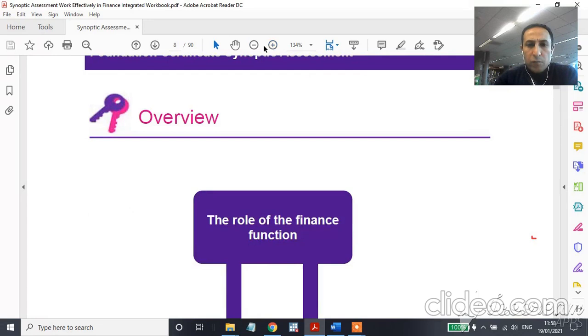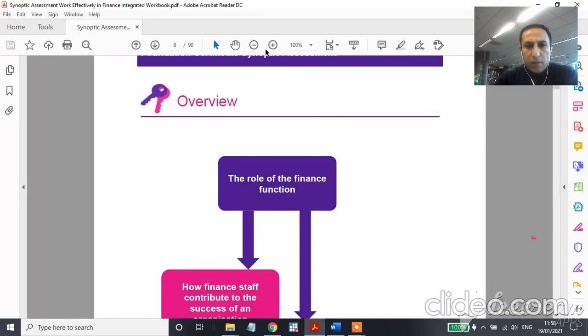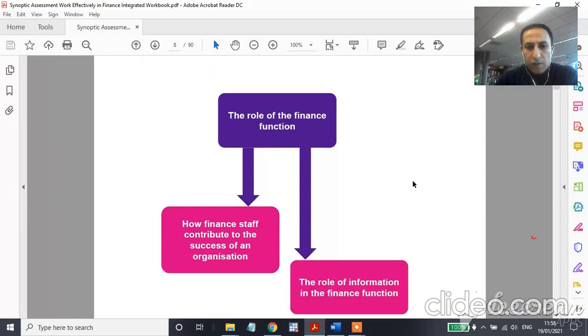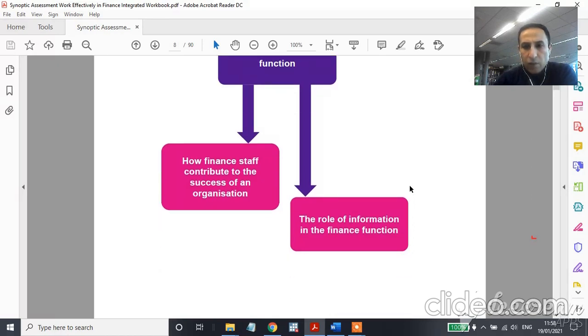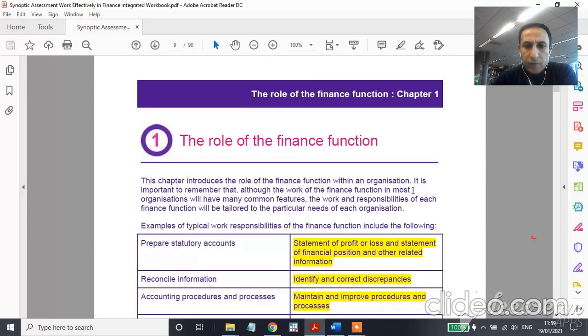The overview of this chapter is the role of the finance function, and how finance staff can make a contribution, make a difference and become part of the success of the organization. It also covers the role of the information finance staff hold and how they can take advantage of that information for the stakeholders of the organization.